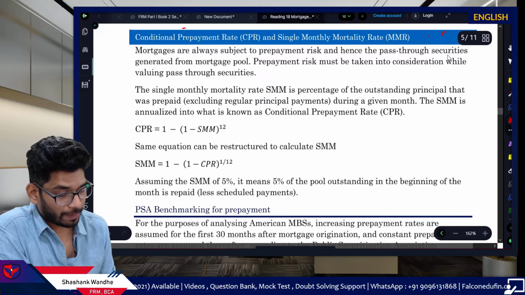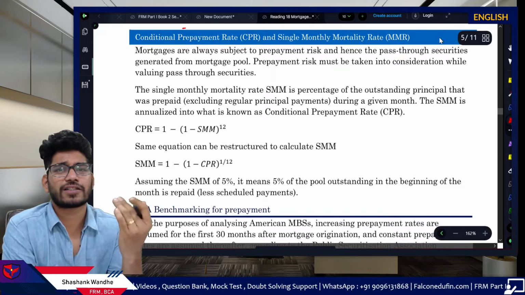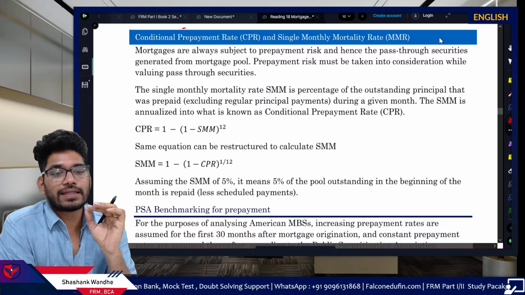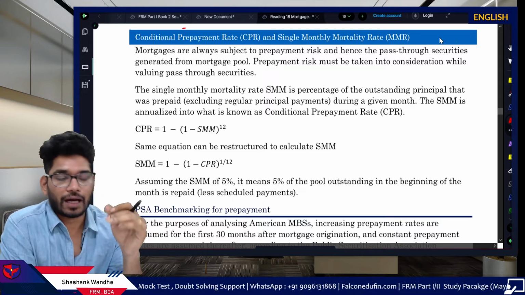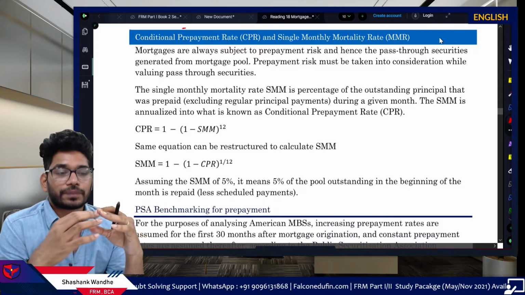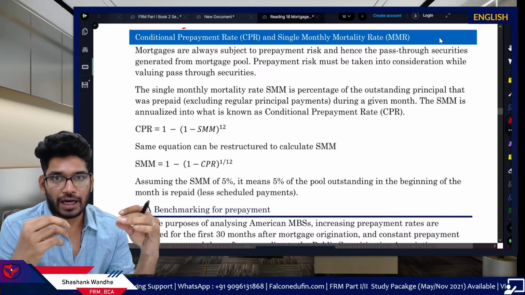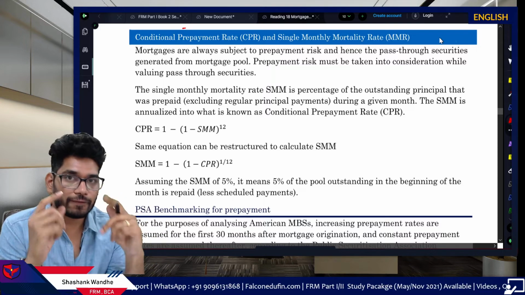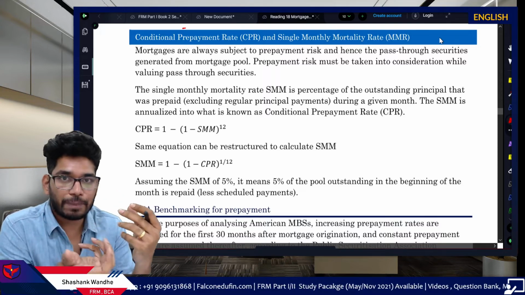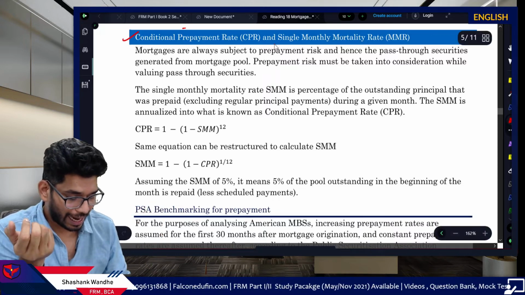What is conditional prepayment rate and the single monthly mortality rate? We already discussed for the bank and for the investor in the securitization structure. This conditional prepayment rate, CPR, and SMM, single monthly mortality rate, are a very important part, because the bank faces a risk of prepayment, right? So this prepayment risk is measured by CPR and SMM.